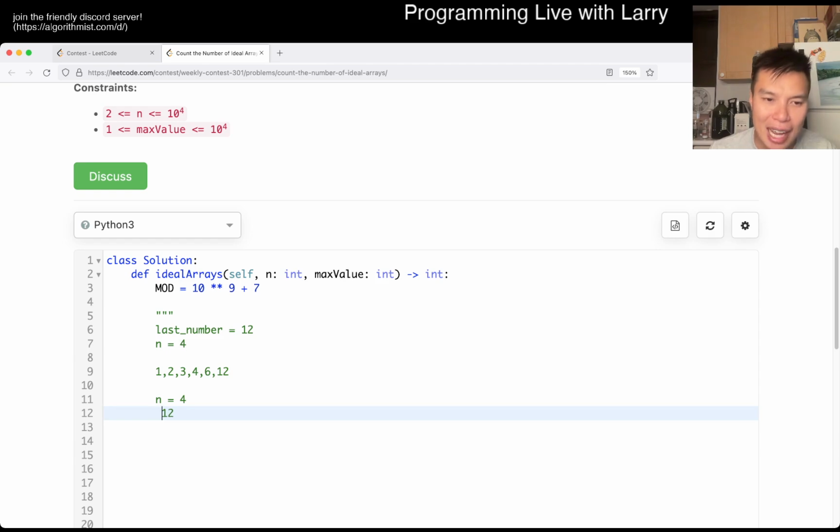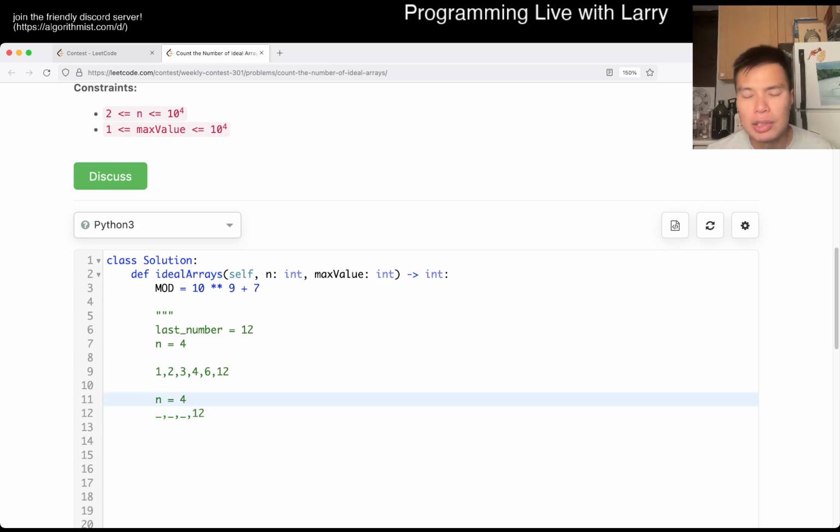So that means now there are 3 spaces and a 12, right? And then how do we break it down? Well, this is the part that I did get during the contest, but I didn't know how to proceed because I was missing some insight, which we'll talk about in a second.